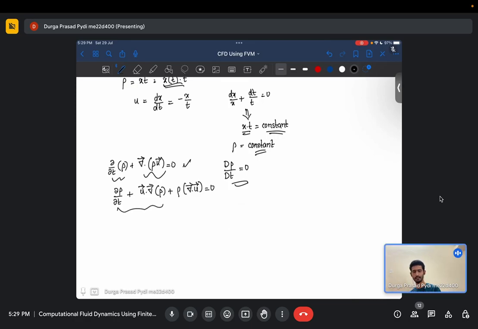So this is your material derivative component, D rho by Dt. If this quantity is 0, then you will land up in a situation where your del dot u goes to 0, and then your density will again be constrained by time. So you cannot have such a density field in the first place. This is what incompressibility says: if one of these terms is 0, the other term goes to 0, right?